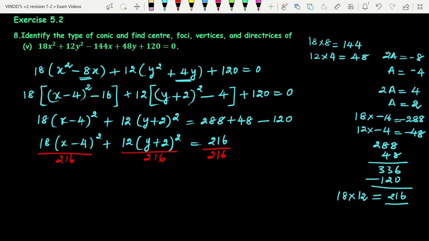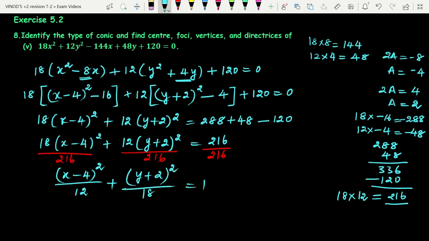Because it is plus, it is an ellipse equation. So (x − 4)²/12 + (y + 2)²/18 = 1 is the standard form of a vertical ellipse.